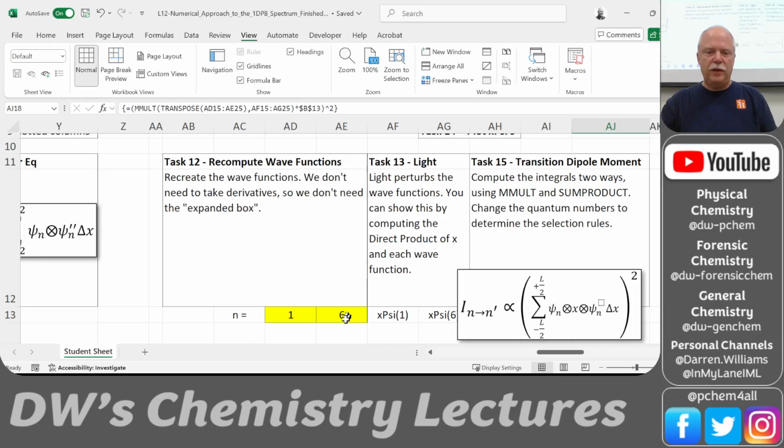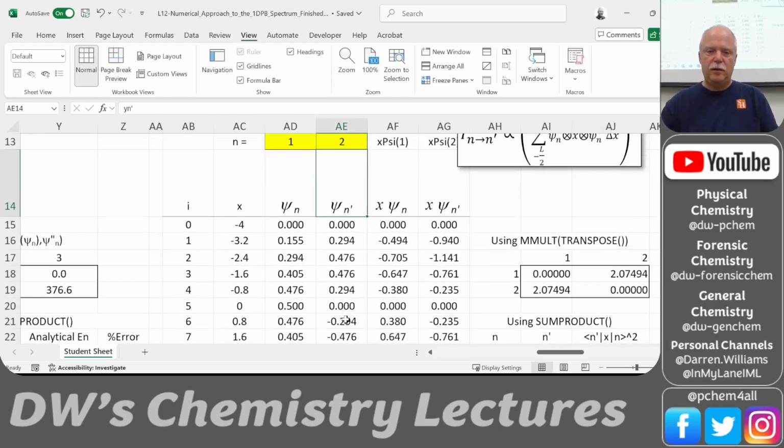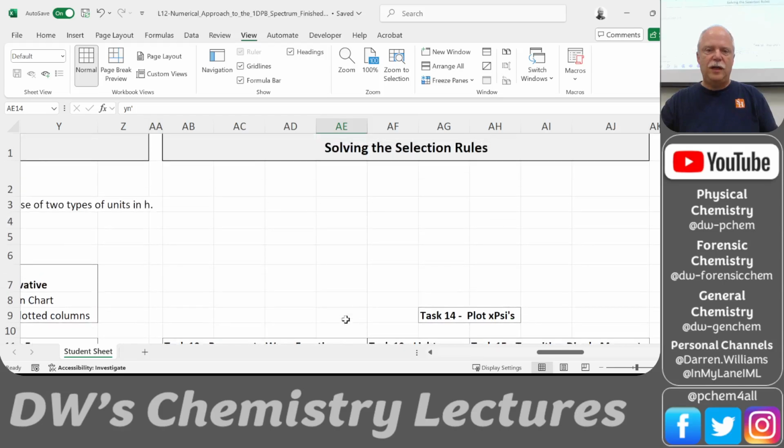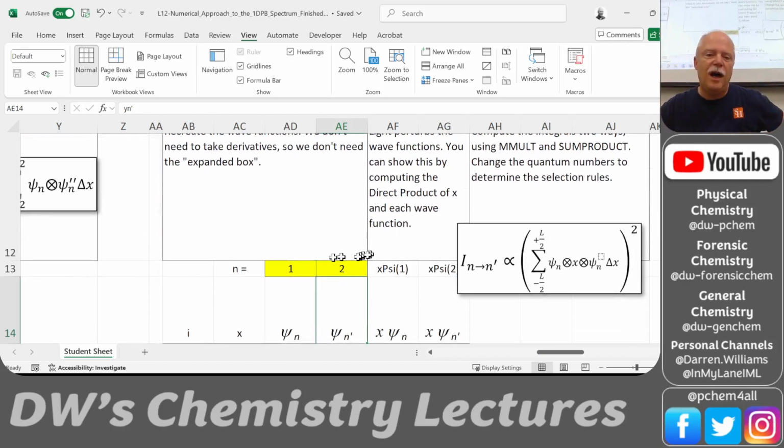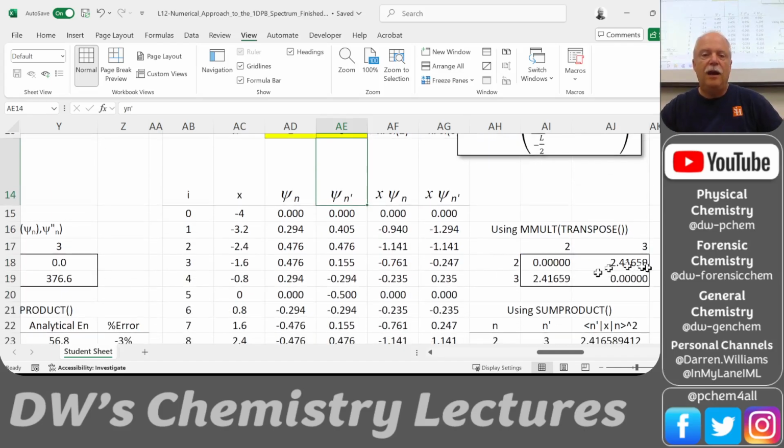All right, so we solved the transition moment integral, and by playing around with it, 1 to 2, 1 to 3, 1 to 4, 1 to 5, we were able to get the selection rules. What about a hot band? Tell me what I could put in here to get a hot band. 2 to 3. So again, allowed.